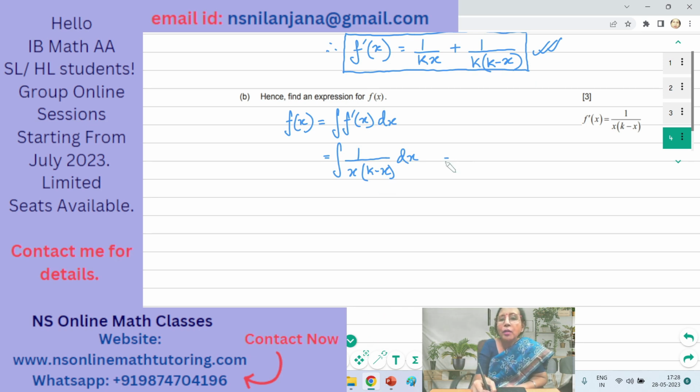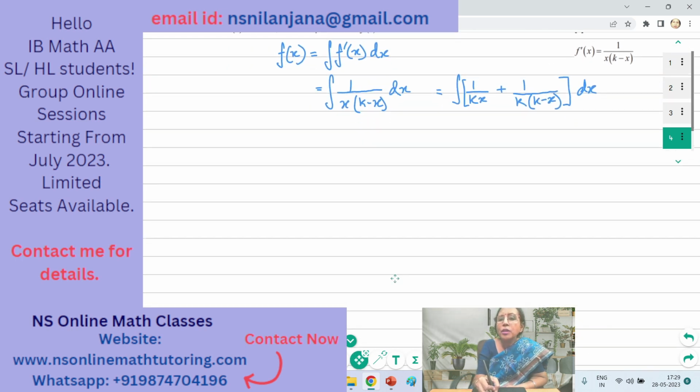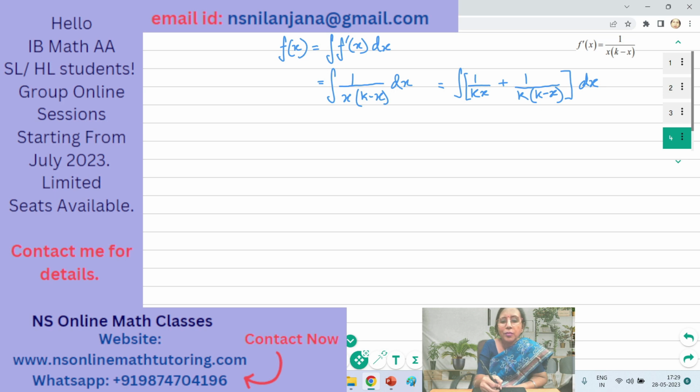So this should be equal to the integral of 1 over kx plus 1 over k times k minus x dx. And now we can separate the two terms because there are two terms.